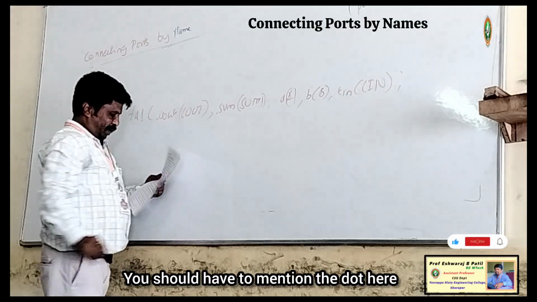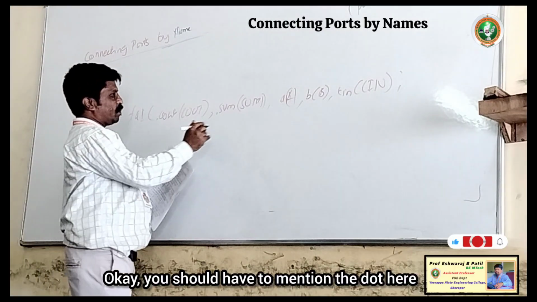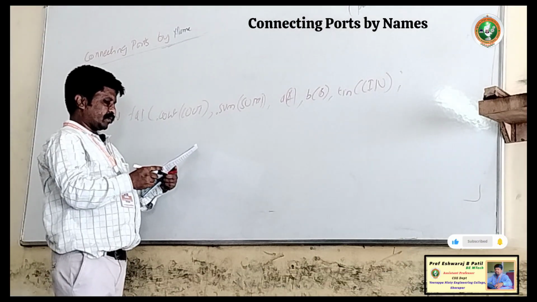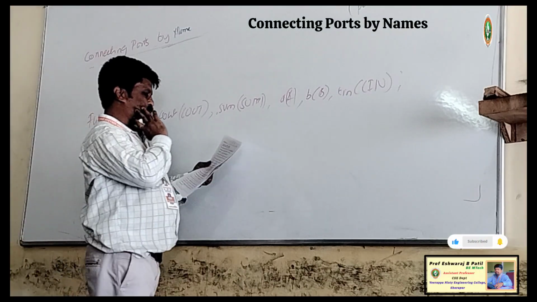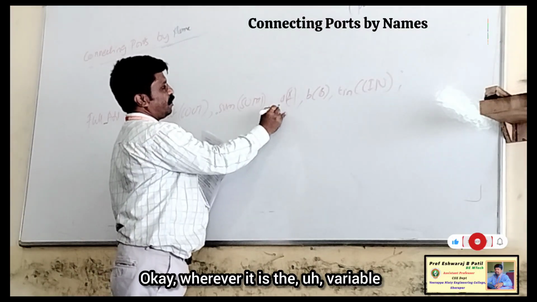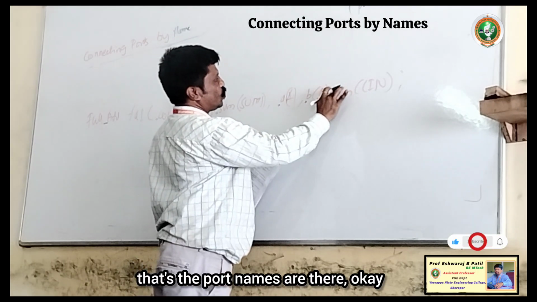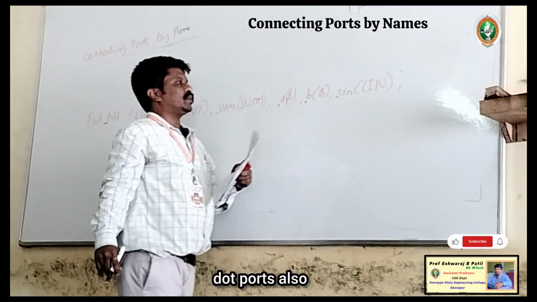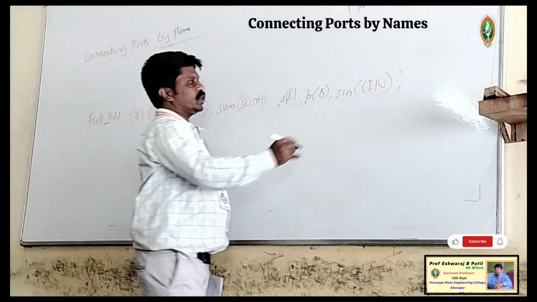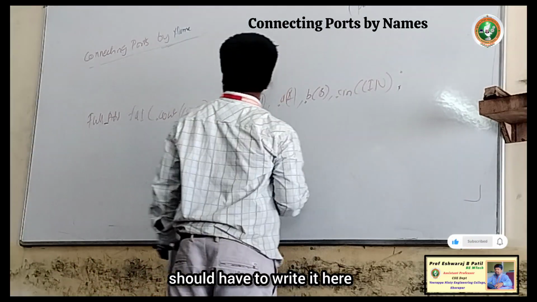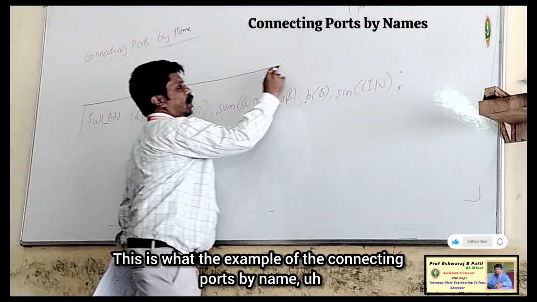You should write the dot everywhere, wherever it is a variable, that is, for the port names. And at the end you should write the semicolon. This is the example of connecting ports by name.